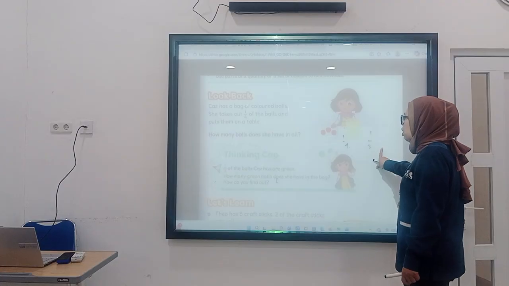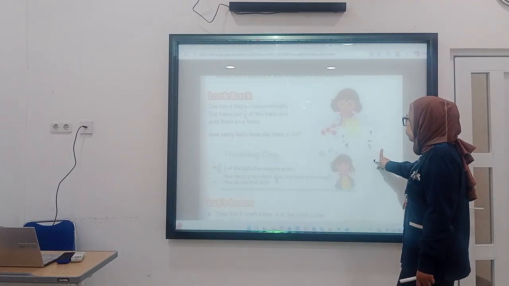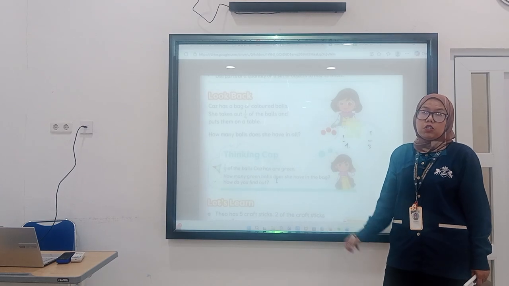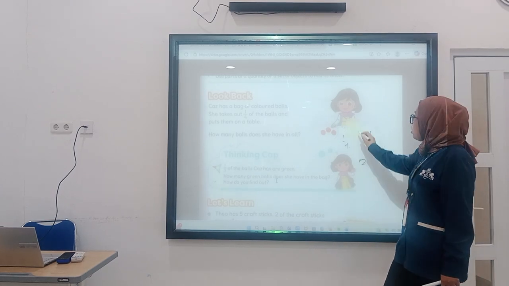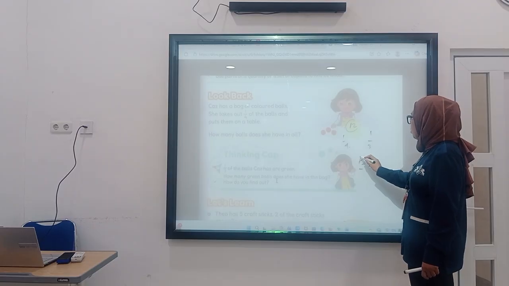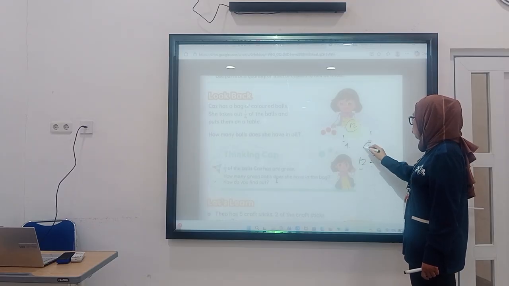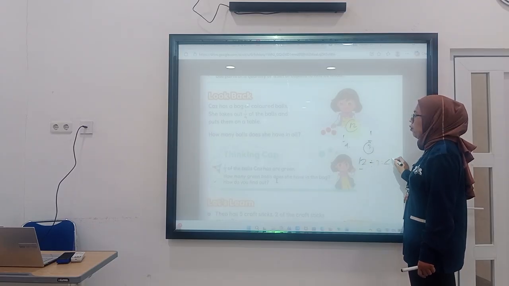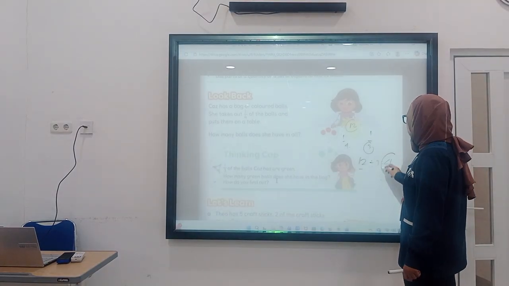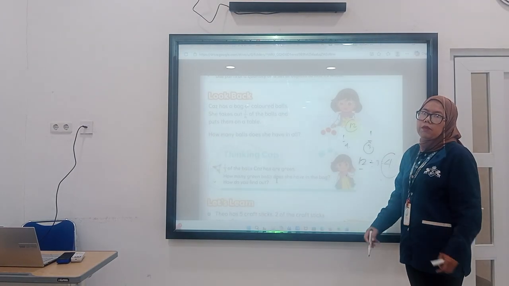So how many green balls? So we divide this. The total number of balls is 12, right? From here, the total number of the balls is 12. After that, this 12 can be divided by 3 here. So the answer is 4. So this is the number of the green balls that Cats has in the bag.